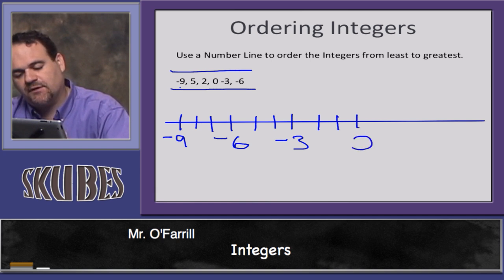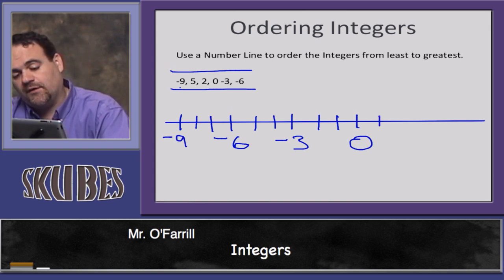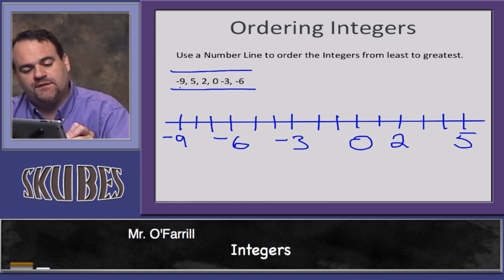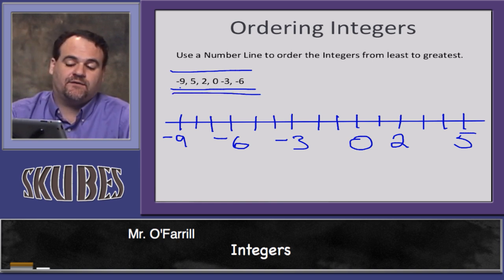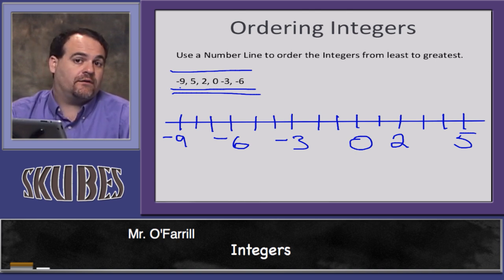Remember last time I said that was really important. This time it's included in one of our numbers. 1, 2, 3, 4, 5. And 5 is the biggest number here. So that is all of them listed again in order without necessarily thinking about it first and just counting along the number line.